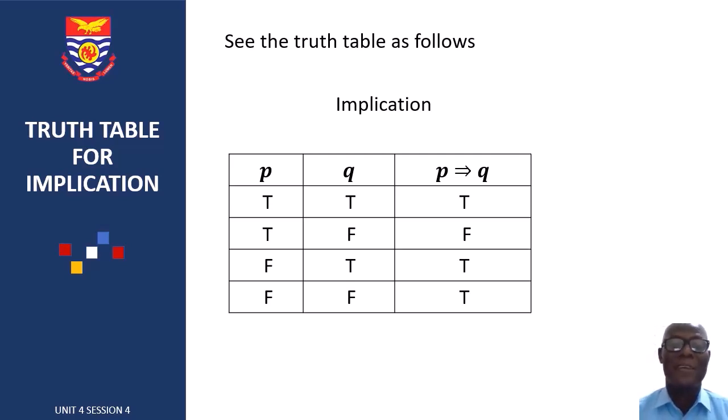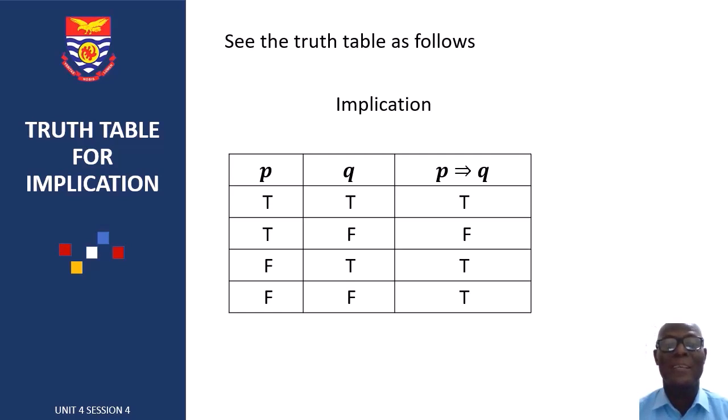If Asare is not a Ghanaian, implies Asare is an African. This implication may be true because if Asare is not a Ghanaian, then Asare may be a citizen of any other African country.